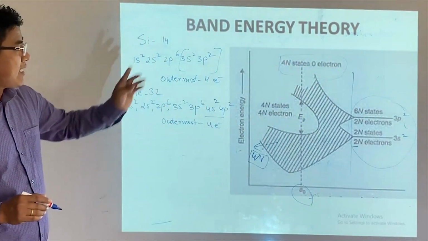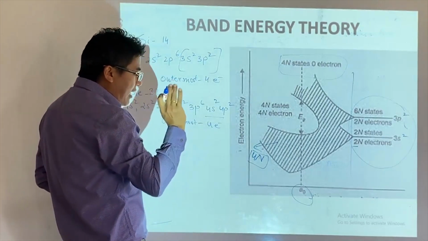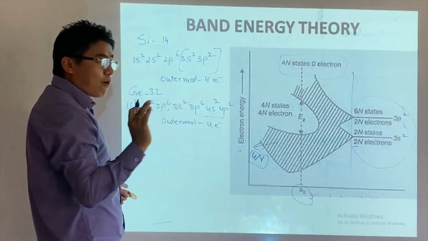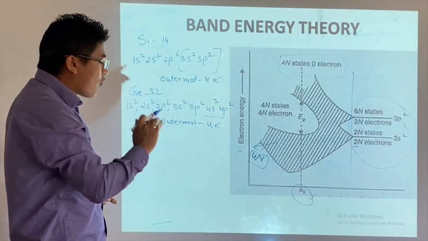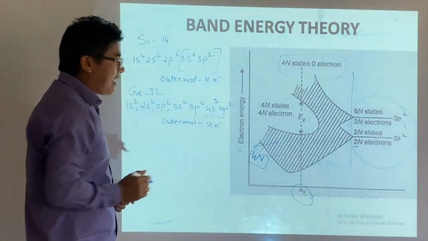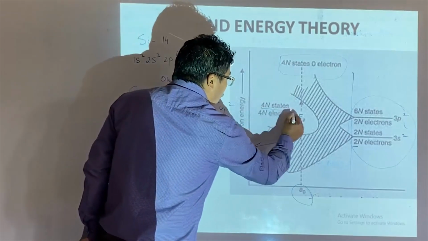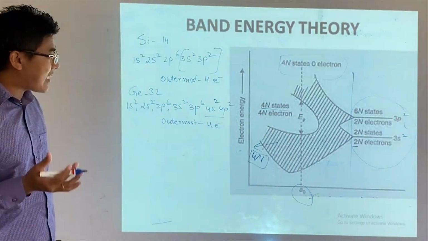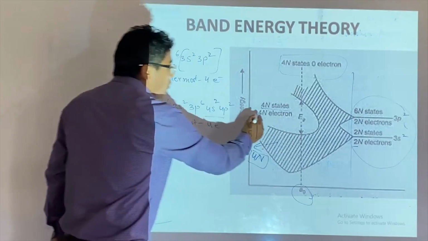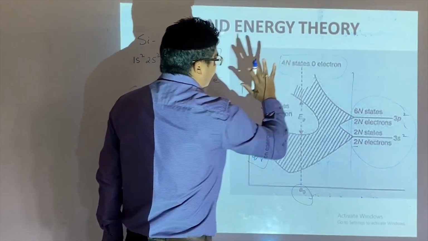Since the outermost shell has only 4 electrons available per atom, 4N electrons are available, and this energy band remains completely filled. So we have 4N energy states and 4N electrons available. So this is completely filled, and this is completely empty, right?